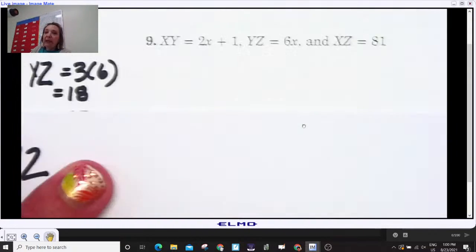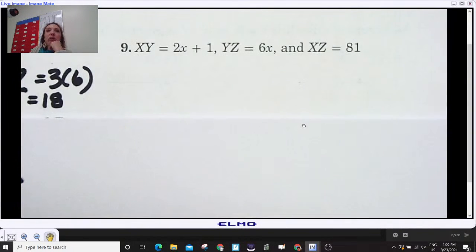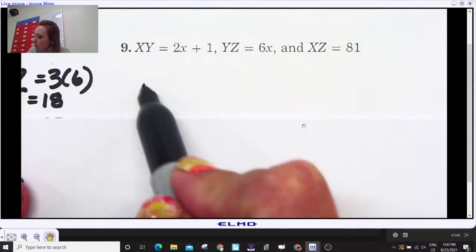All right, let's look at number 9. I want y'all to try to draw number 9. I will be drawing it at the same time, but try not to peek. See if you can do it without peeking, okay? So I'll draw it up here. You draw it on your paper.